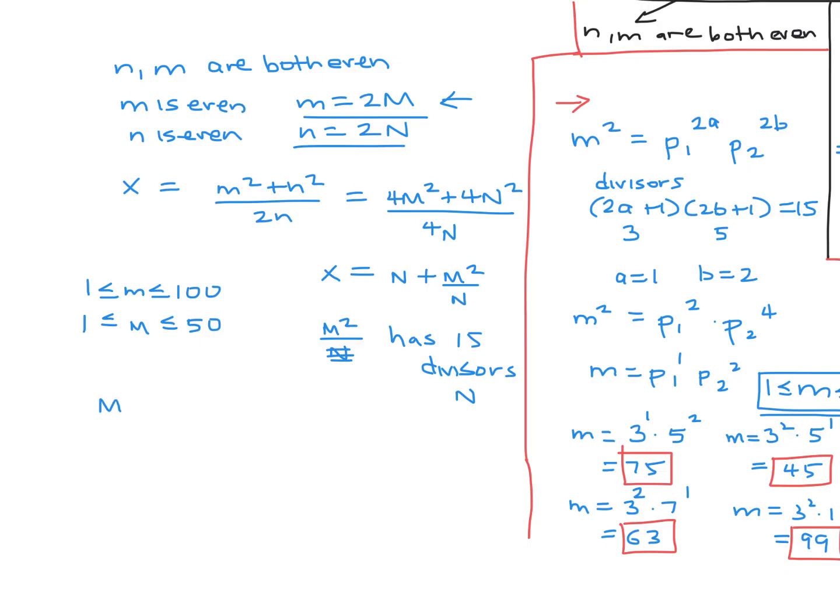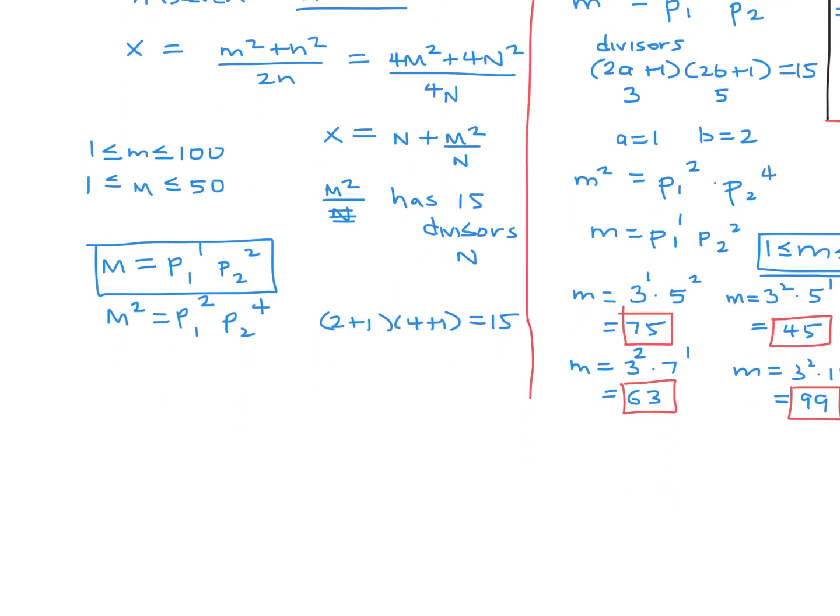So again, if we break it up into primes, it's going to be probably a first prime to the power of 1 to the second prime to the power of 2. And that would give me, when I square it, p1 squared, p2 to the power of 4. And then the divisors would be 2 plus 1 times 4 plus 1, which is 3 times 5, which is 15. And that works out. So it's going to be of this form.